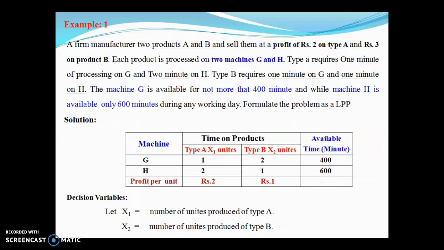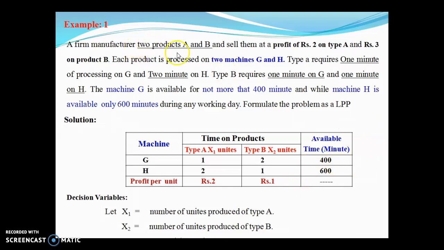After carefully understanding the problem, the given information is systematically arranged in the form of the following table. This is easy for our statement. There are two machines G and H. There are two products, type A and type B. These are the processing times of the machines, and this is the availability, that is the restriction of the machines G and H. G machine only for 400 minutes and machine H working only 600 minutes.